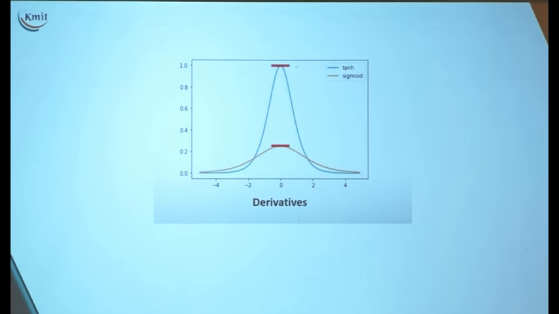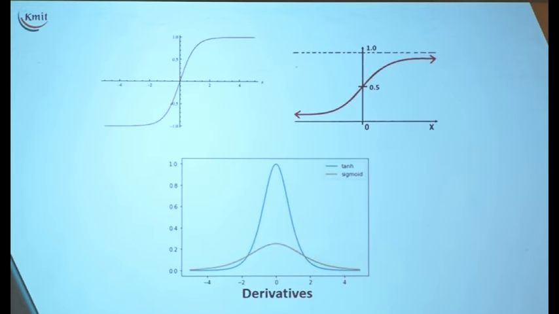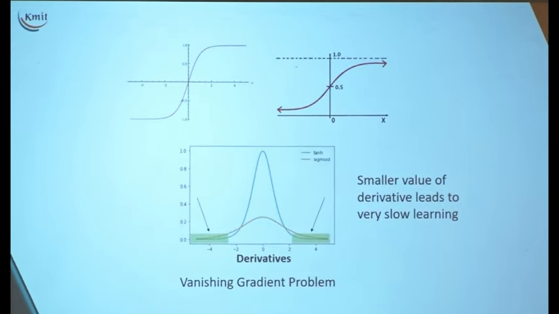In order to avoid the vanishing gradient problem in tanh, we go for what? The ReLU activation function. The smaller values of the derivative lead to very slow learning, and very high values also lead to slow learning. Only some mid-range values will have proper output with tanh.